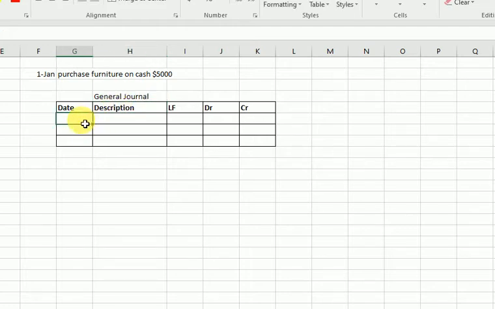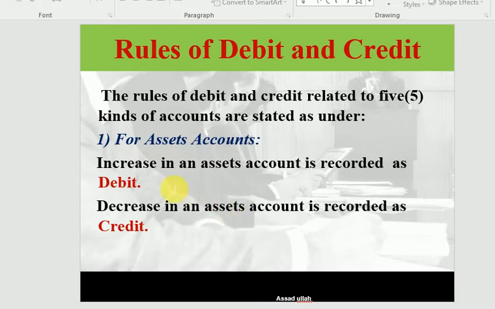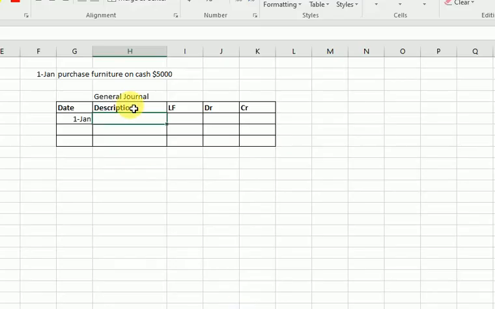In this book we will record this financial transaction. In the date column we will write January 1st. Now look, furniture of the business increases, furniture is an asset, and an increase in an asset is recorded as a debit, according to the rules. So I should now record furniture on the debit side.